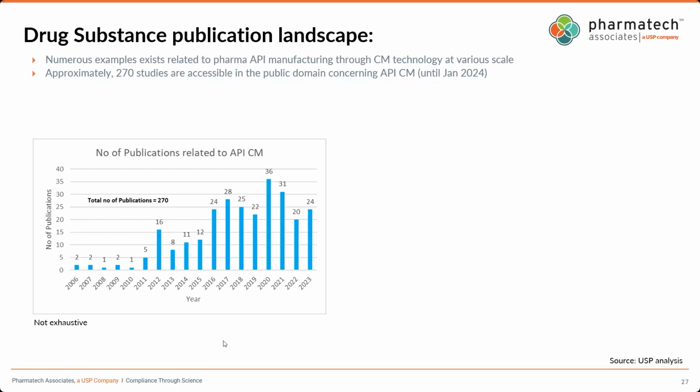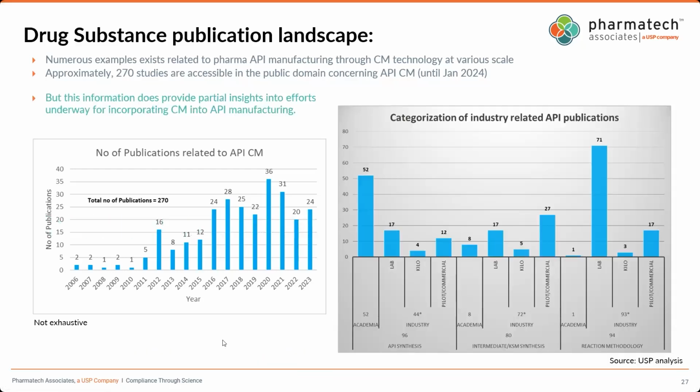Now, we tried to divide those publications into 3 categories. So, Richard, if you can click on the next, you can see that there are approximately 96 publications that talk about the API synthesis alone.